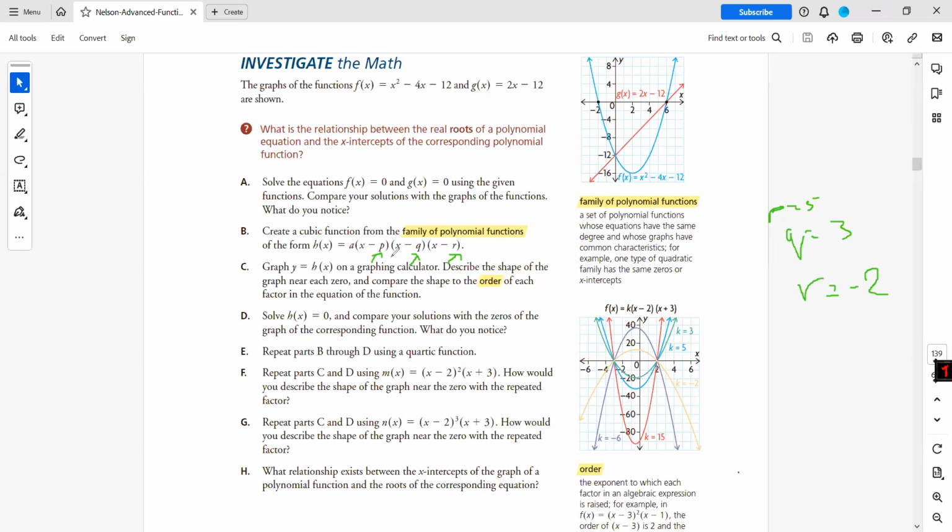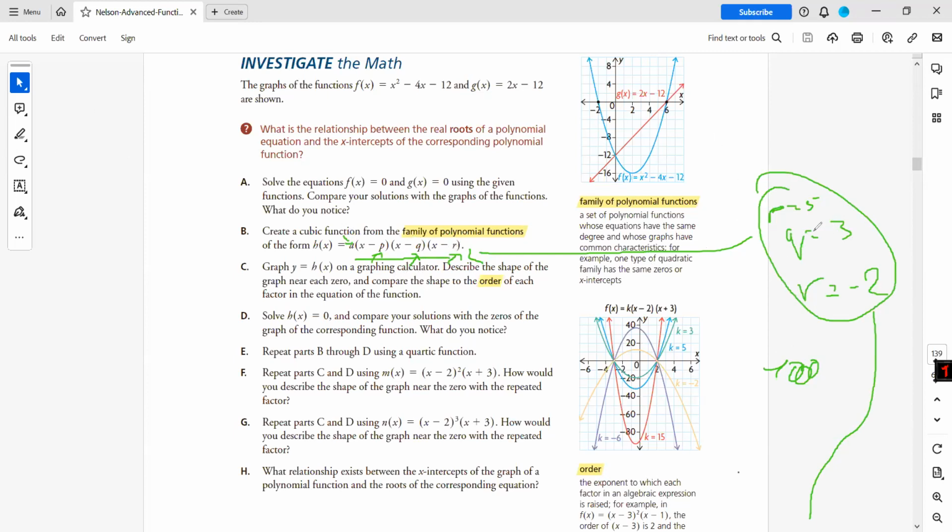You substitute those values into this formula. You choose some leading coefficient A, let's say 1000. And you're going to see that this function of 3rd degree is going to be something like this, because the leading coefficient is positive.